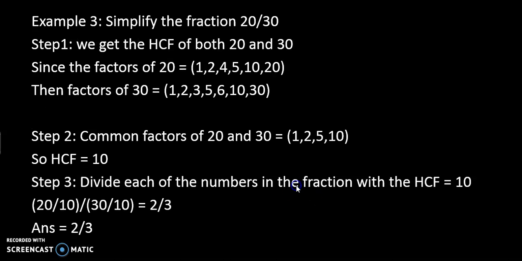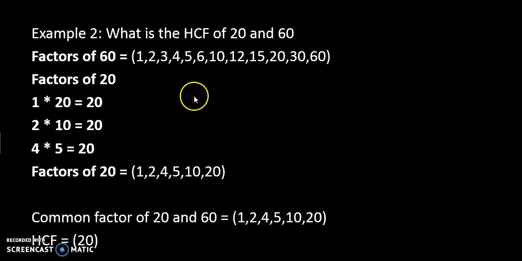So of the 20 and the 60, what are the common factors? What numbers are appearing in both 60 and 20? Let's see. I have 1 in the 60, I have 1 in the 20. I have 2, I also have 2 here. I don't have a 3, but I have 4 and 4. I have 5 and 5. I don't have 6. I have 10 and 10.